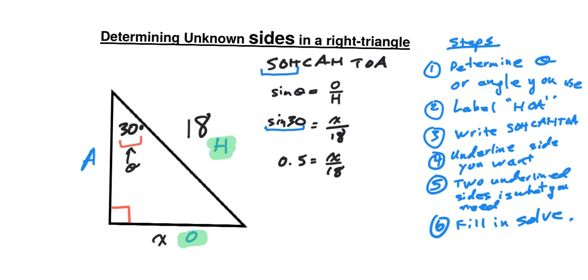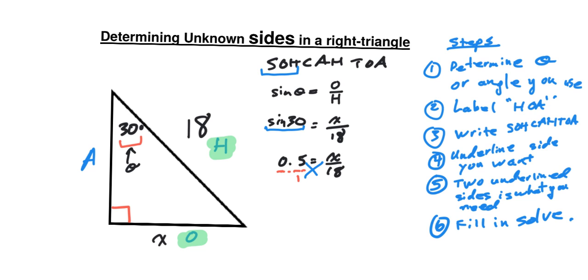And now we use either Wakanda forever, or we multiply both sides by 18. Whatever you need to do, you do what you need to do. So some of you guys like to do cross multiplication, so let's do that right now. So I can write this as 0.5 over 1, and I cross multiply.